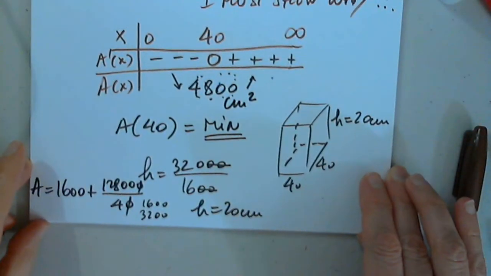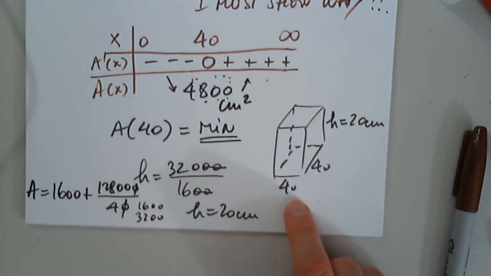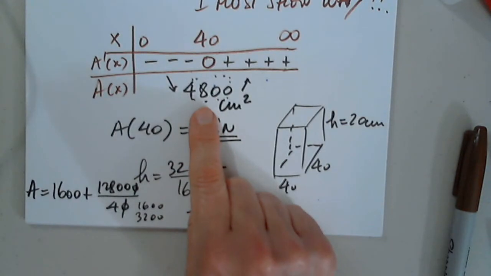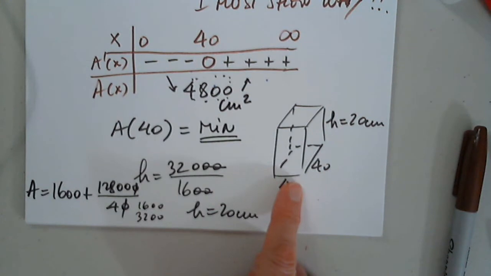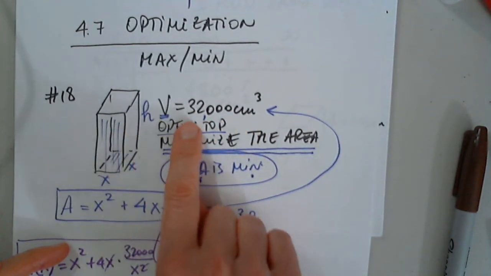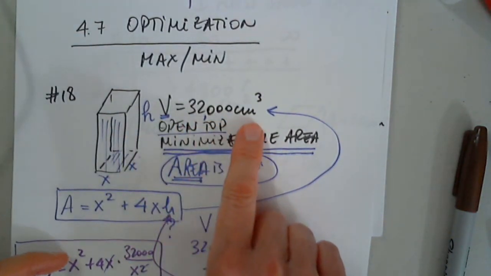So if we are the production manager for this factory, for whatever reason, they are making this box, you will tell the manager, sir, if you want to use the minimum possible surface area or material for these boxes, knowing this constraint: each box has to hold 32,000 cubic centimeters.